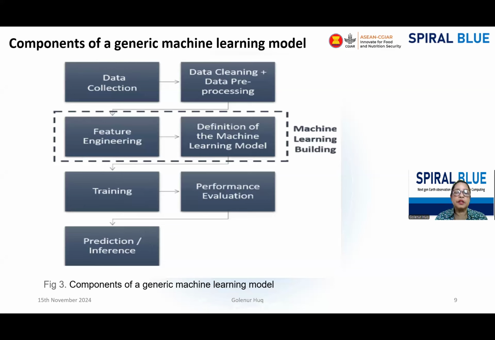The performance evaluation is measured by various parameters, like accuracy, precision, and recall. Sometimes it is also required to go back and improve training, then test again. The last step is the result given by the machine learning model, and it can be a prediction or an inference.